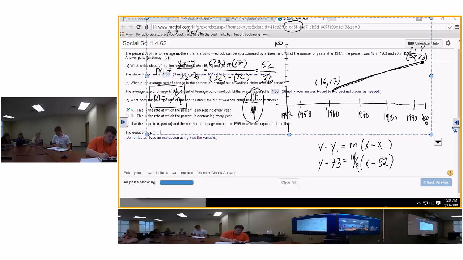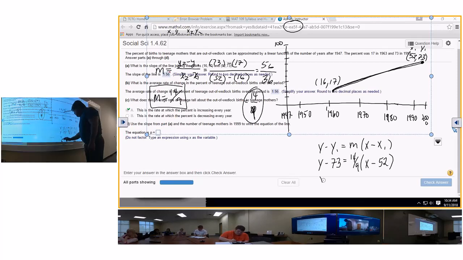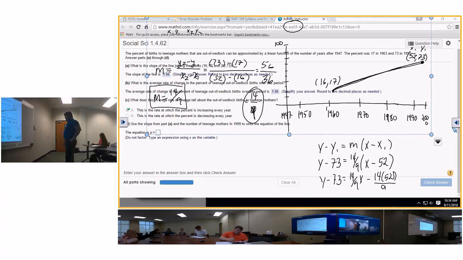I guess they want a decimal answer. Probably does. I'm going to do it with the fraction because I can do fractions better than I do decimals. I have to rely on a calculator for that. Y minus 73 is equal to 14 ninths x minus 14 times 52 over 9. 3 won't go into it, so 9 won't go into it.